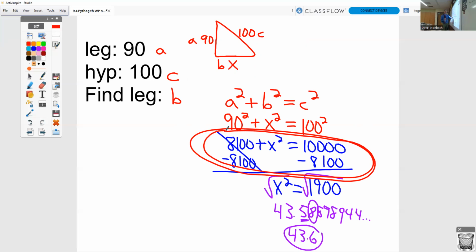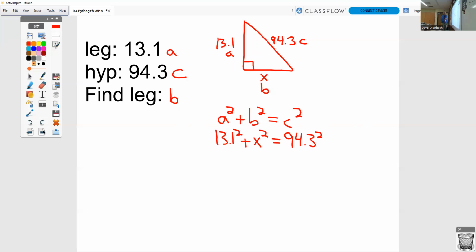We need to change them into normal numbers and then subtract to get that X squared all by itself. So changing the 13.1 squared into a normal number, 13.1 squared is 171.61. X squared stays X squared. 94.3 squared is 8,892.49.